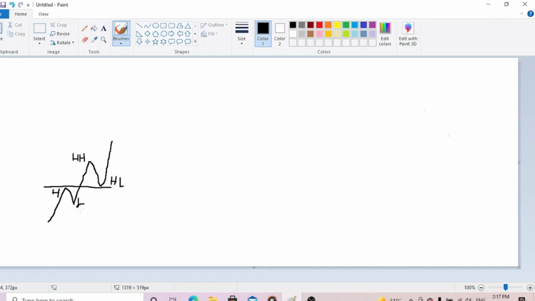So in this state, the market is trending upwards, creating a series of higher highs and higher lows. So this is an uptrend.